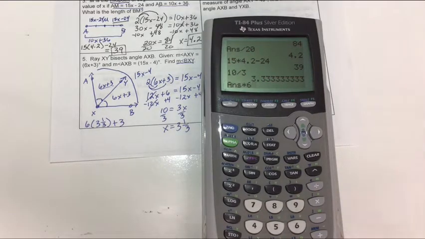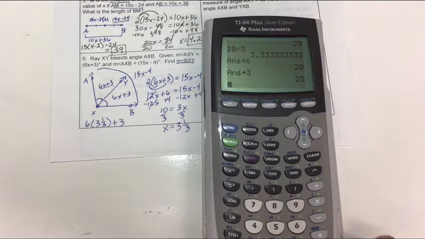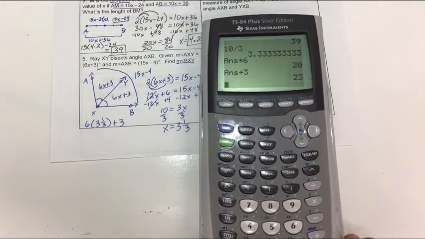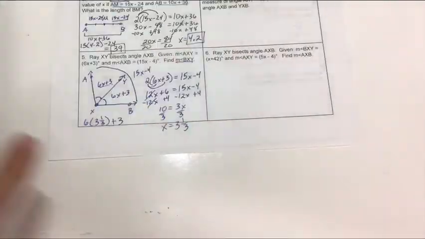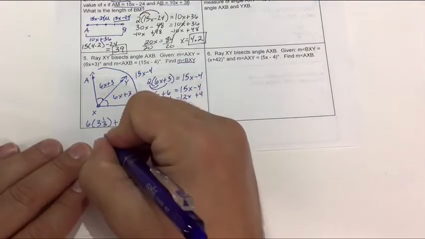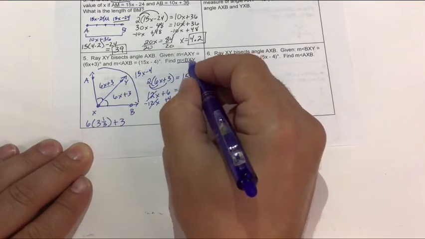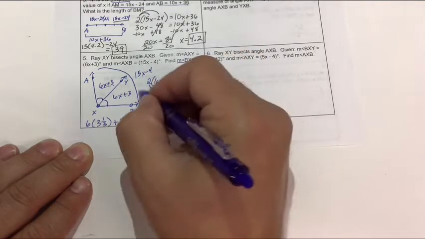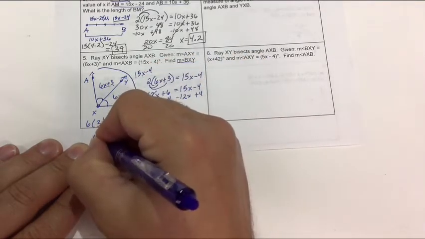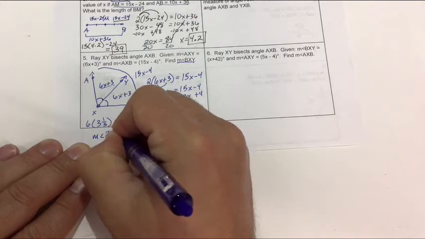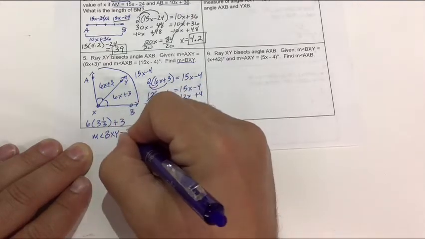Because that takes that exact value. I don't have to worry about trying to enter 3 1/3 in the calculator. And then hit enter and then plus 3. And we get 23. So our decimal goes away when I plug this back in. So the measure of angle, I'm sorry, not length, we're doing angles. The measure of angle BXY equals 23.